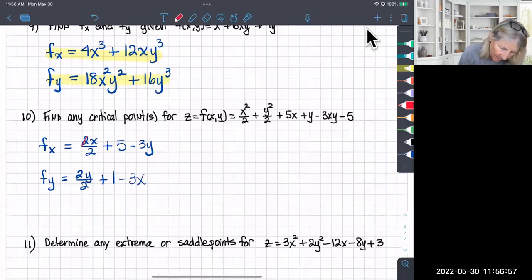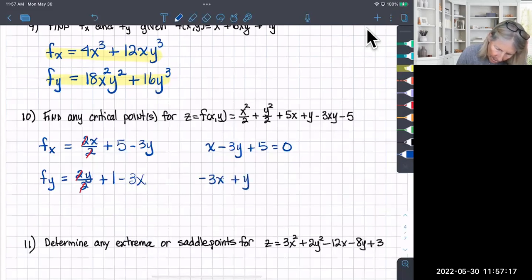Okay, so again, these are going to knock out these 2's here. So setting them equal to 0, I end up with x minus 3y plus 5 equals 0. And the new equation, let's switch that around and put the x first. Sorry. Let's make it negative 3x plus y plus 1 equals 0.